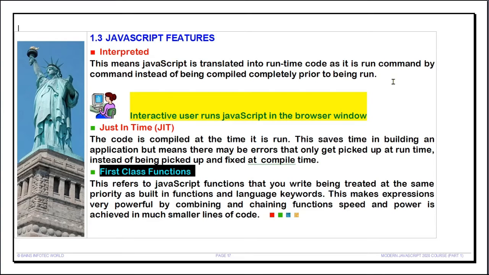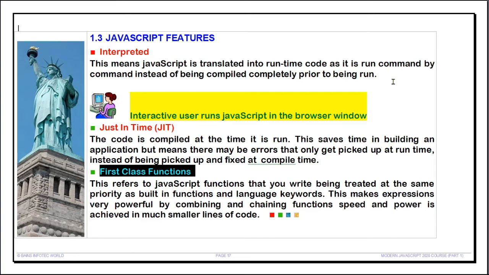So that means you can write a function and it will be treated exactly the same as an internal part of the JavaScript language. So writing your own functions is actually extending the JavaScript language.